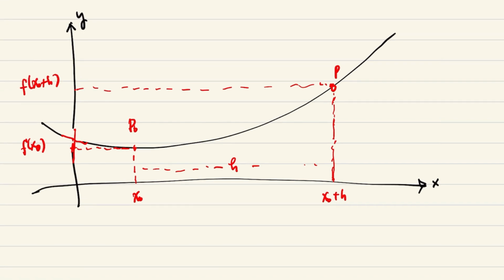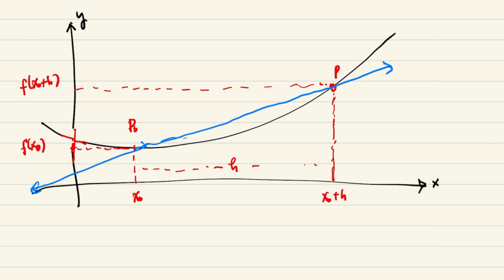So suppose we have this line connecting these 2 points, the line connecting p sub 0 and p.